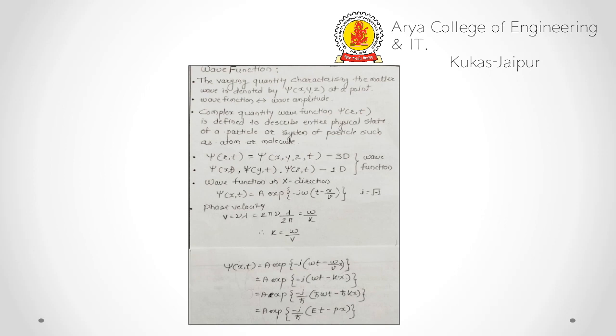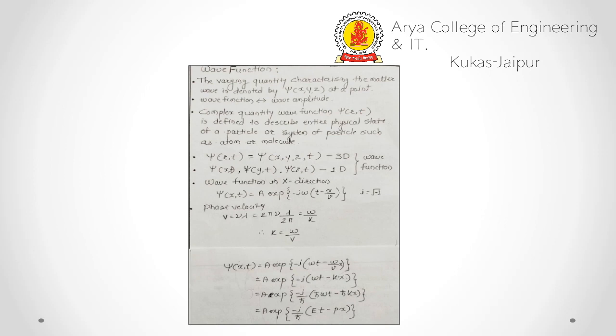Now in this equation we multiply and divide by h cross. Again we get a new form of the wave function psi, that is psi(x,t) is equal to A exponential of minus i upon h cross (E t minus p x). All these equations are just different forms of the wave function. We have to select the wave function as we need.